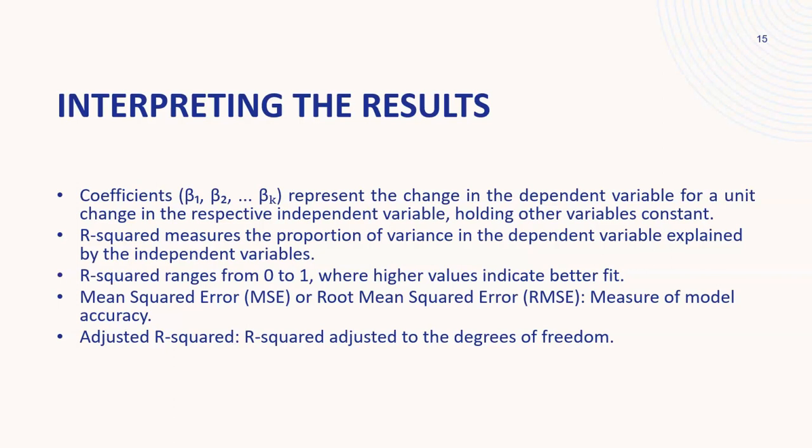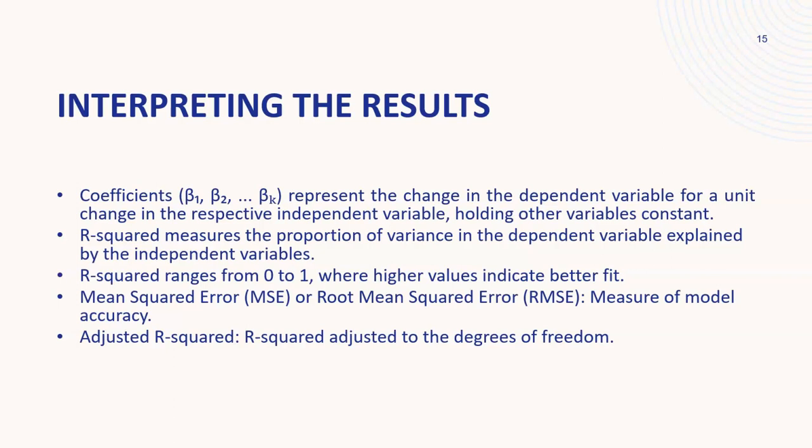But here there is a concept which you need to take into account. When we are increasing the number of independent variables in our model, the individual significance of the independent variables, that is how much each of the independent variables individually impacts our dependent variable, is not considered.